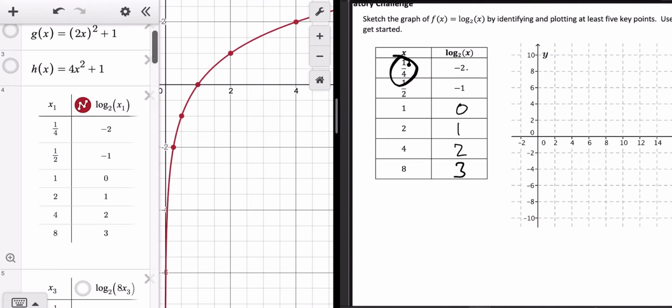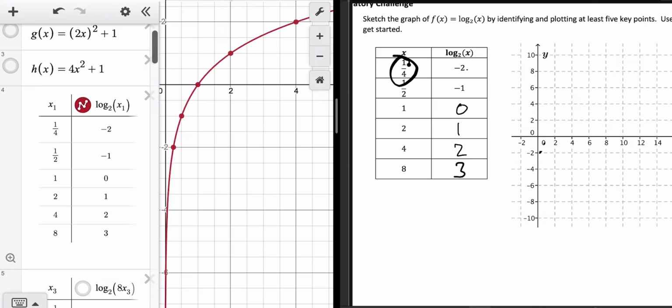So something like that. And then at 1/2, I have a negative 1. And then at 1, I have 0. Oh, that's not 1, sorry.